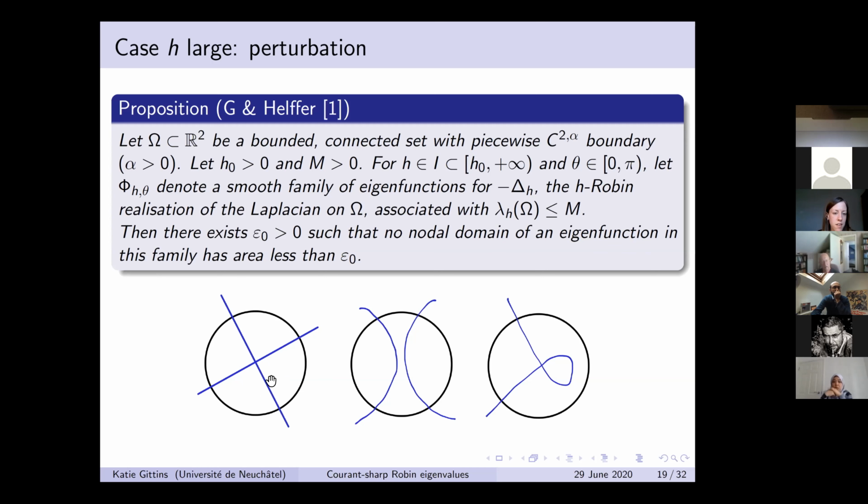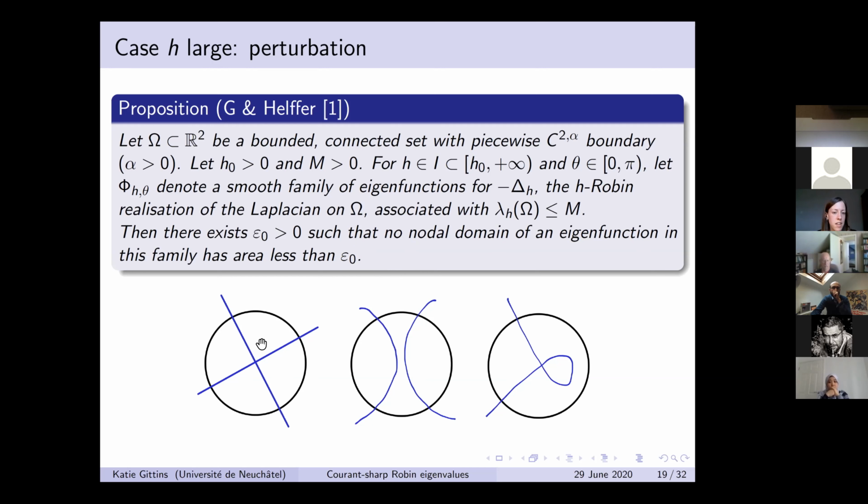Either it's going to stay like this and I don't lose any critical points, or maybe I lose a critical point. But one thing which can't happen is that I suddenly create several loops inside this disk, because if I did, they'd have smaller area than epsilon 0, and that wasn't allowed by this proposition. So the only options for the changes to the nodal set are that it stays unchanged or I lose a critical point.